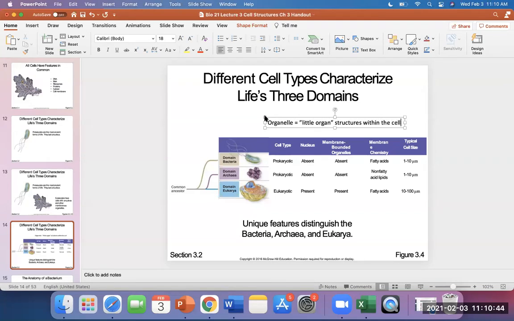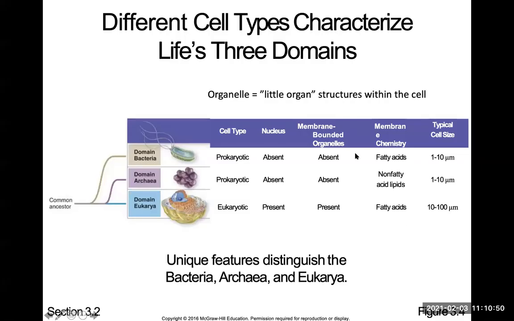Organelles are little organs that are found inside the cell. They are structures within the cell. Eukaryotes have organelles, smaller structures inside the cell. You can even see some of them on this photo. There's a lot more inside compared to this cell here.